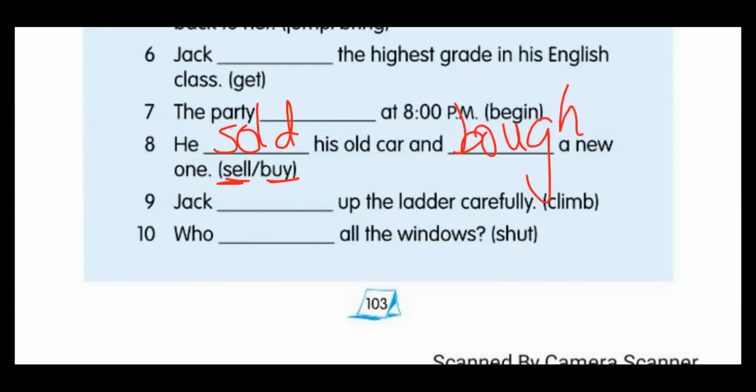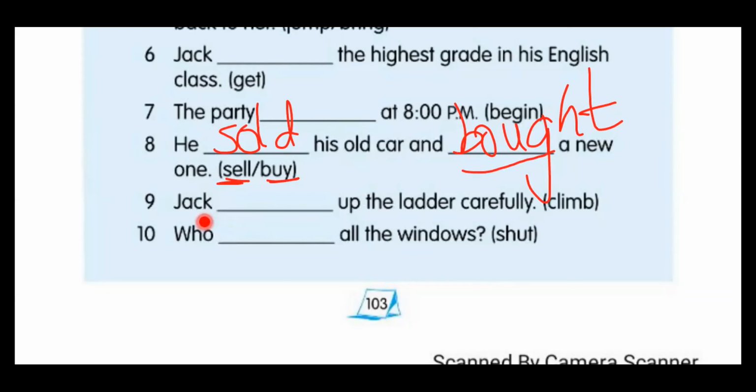B-O-U-G-H-T, bought. He sold his old car and bought a new car. It means he sold the old car and bought a new car. Okay, next one.